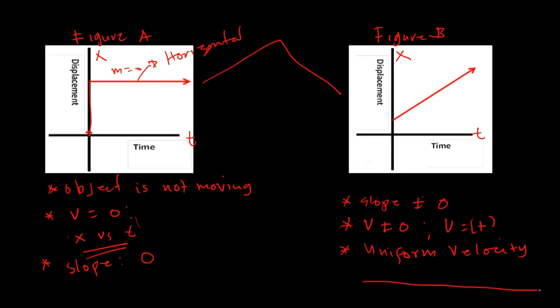For example, if we have an object here, I will label, starting from 0, 10, 20, 30, 40, the object is moving at a constant rate of velocity. So that is what this graph tells us. The velocity is constant and positive, and this kind of graph represents constant velocity.